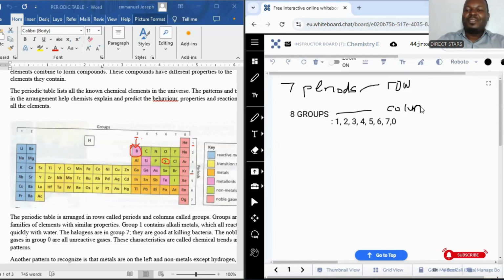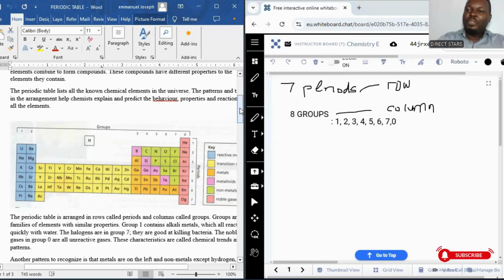Okay, so take note of that. All right, so we move on to how the periodic table was developed.